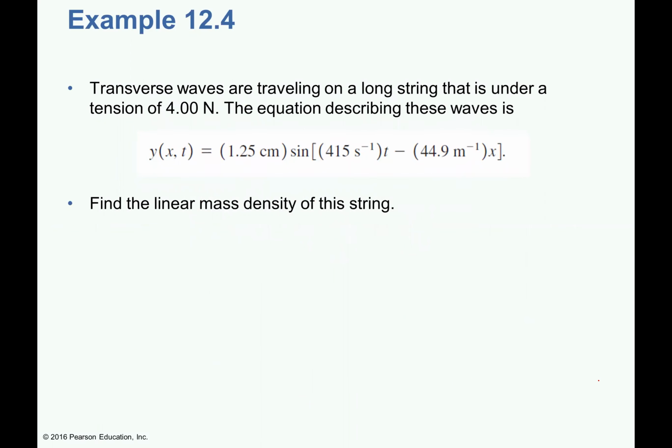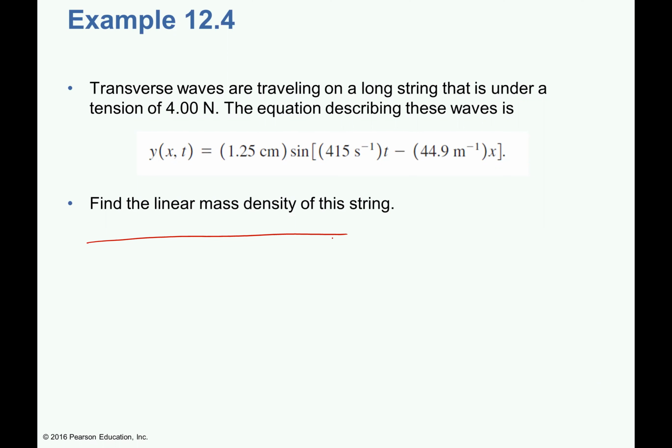All right, here's another equation. It's a transverse wave that is traveling on a long string under a tension of 4 newtons. The equation describing these waves is given with this function. Now, think like this: here's a string.